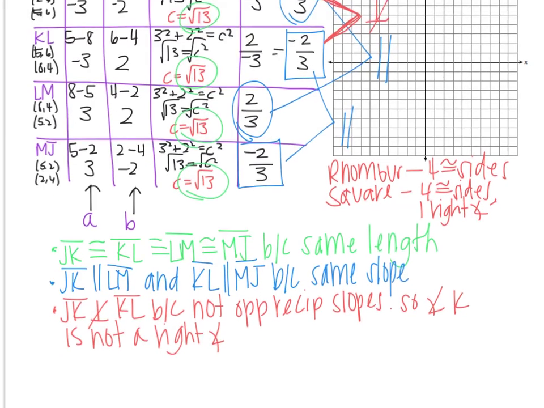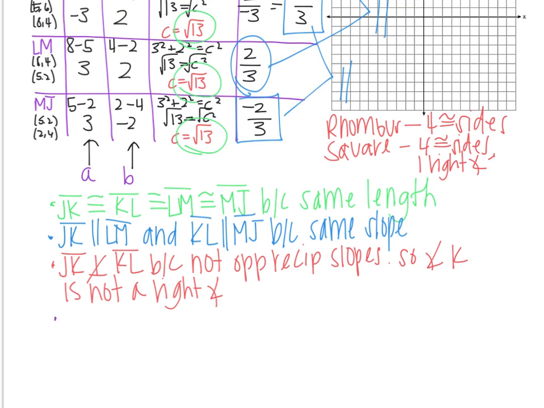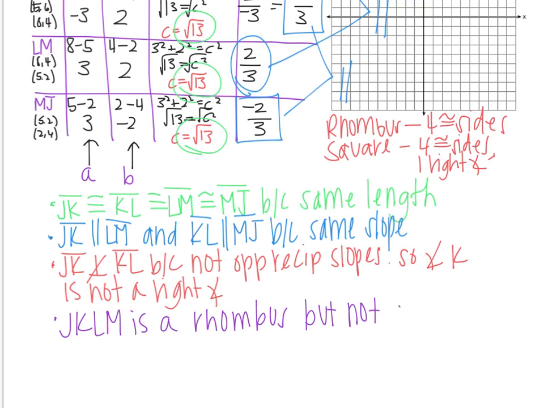From here, we make our final and general conclusion. JKLM is a rhombus, but not a square, because now we summarize what we concluded up above.